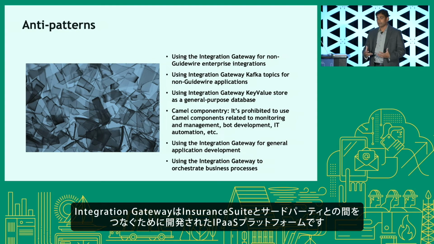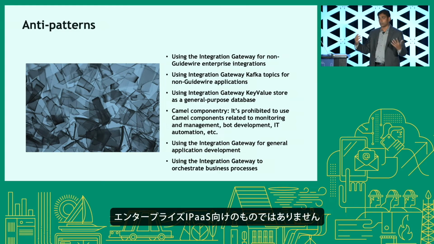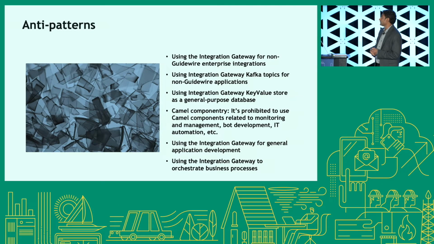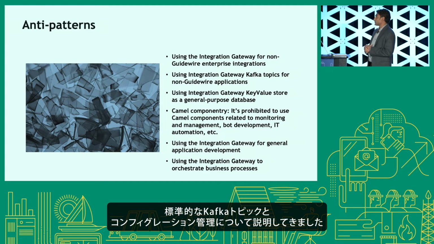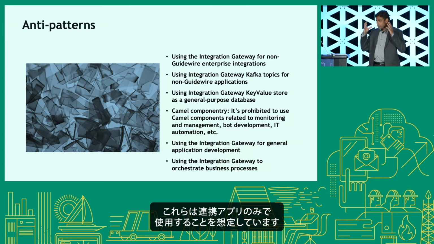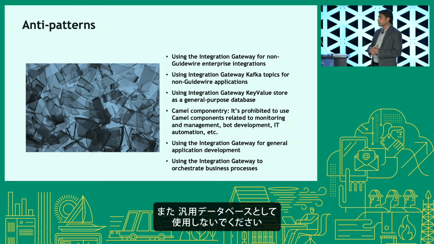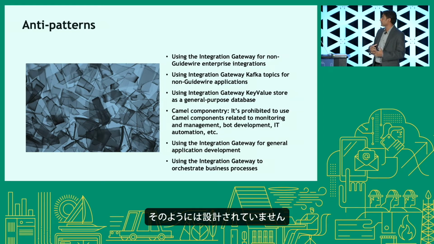We have designed this to be an iPaaS platform for integrating or bridging between InsuranceSuite and third parties. It's not meant to be an enterprise iPaaS. Like I was talking about, we included out-of-box Kafka topics and configuration management. These are meant to be used just with integration apps. Do not use them as general purpose databases. That's not what it's designed for.